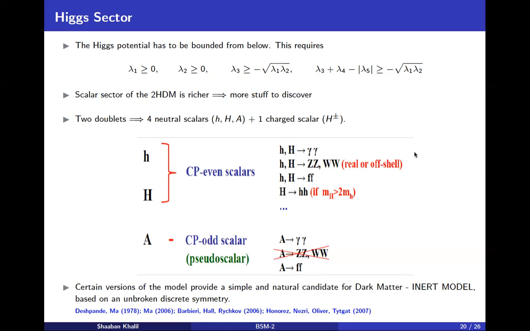So the neutral component, the lightest Higgs in this doublet, could be rather stable, and in this case we call it the inert model. So a certain version of the model can be a candidate for dark matter. It's called the inert model, and it is based on, as I told you, some discrete symmetry that prevents any coupling and the decay of the lightest Higgs of this doublet. And a lot of people work on this scenario, that we may have a scalar dark matter from the two Higgs doublets. A possible example of dark matter.